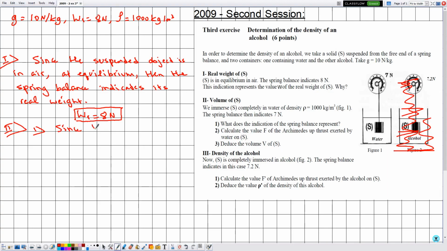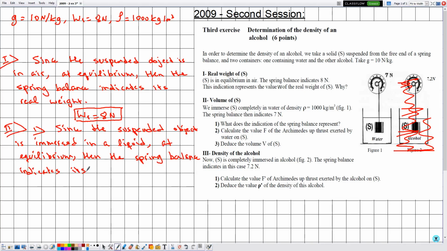Since the suspended object is immersed in liquid, and the liquid in this case is water, at equilibrium, then the spring balance indicates its apparent weight.